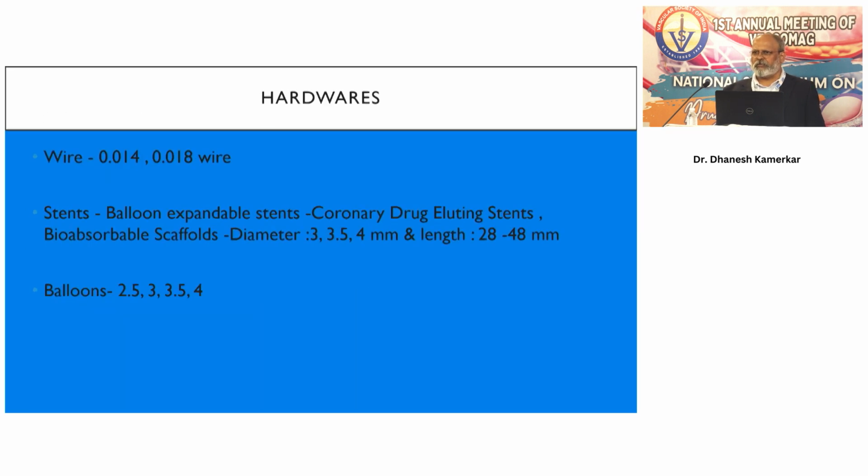Common hardware used was 0.014 and 0.018 wire, and stents were either balloon expandable, which were mainly coronary drug-eluting stents, and 2 or 3 patients were part of the Merrill trial, in which we used bioabsorbable scaffolds with a diameter range of 3, 3.4, and 4 mm. The lengths were from 28 to 48 mm, and balloon size generally would be 2.5 going up to 4.